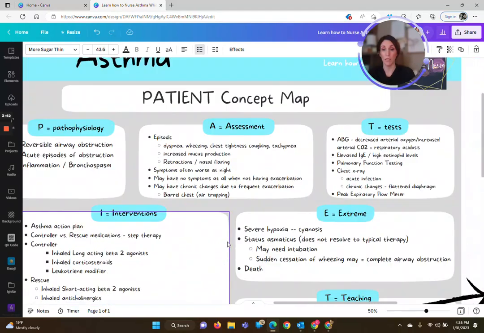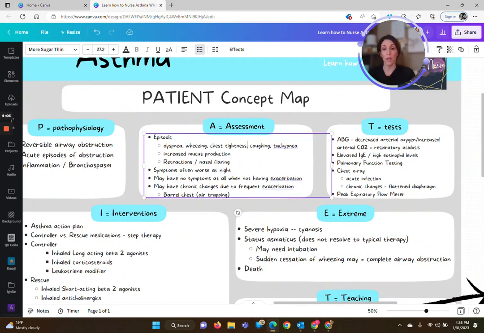Okay, so some assessment findings that you might have for your patient with asthma. They're going to have episodic, so episodes of dyspnea, shortness of breath, wheezing, when air is trying to move through those constricted bronchioles and that mucus, chest tightness, coughing, and tachypnea, so an increased respiratory rate.